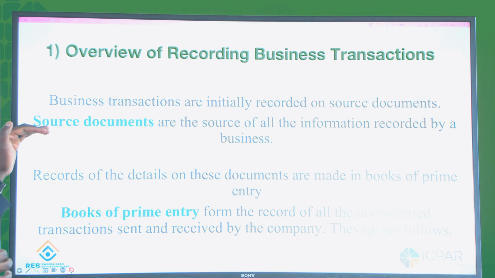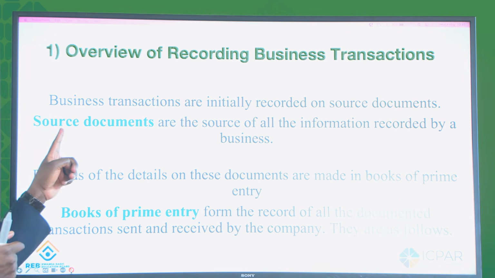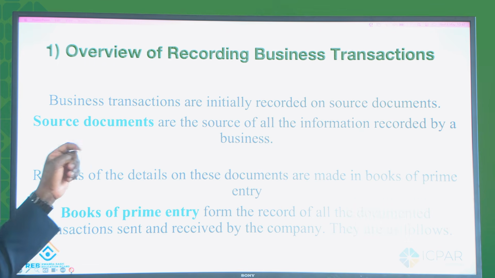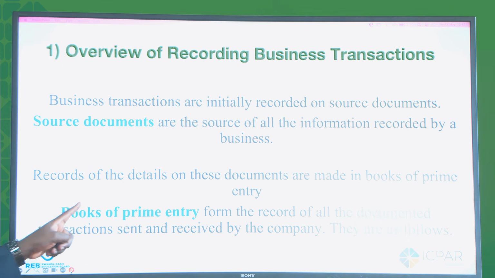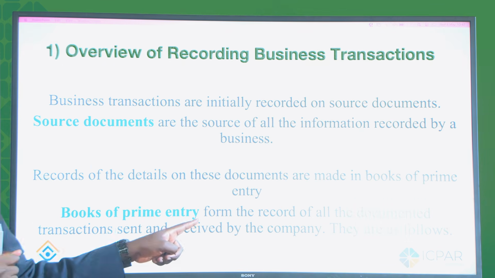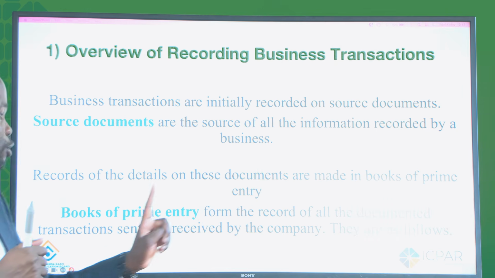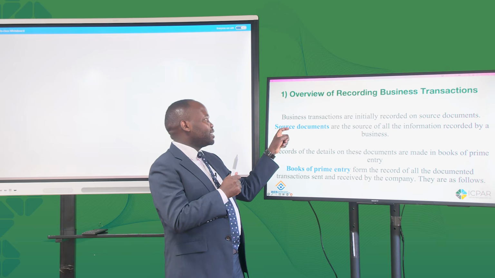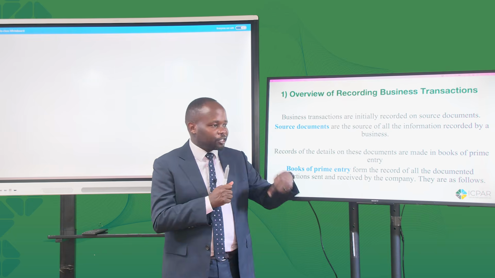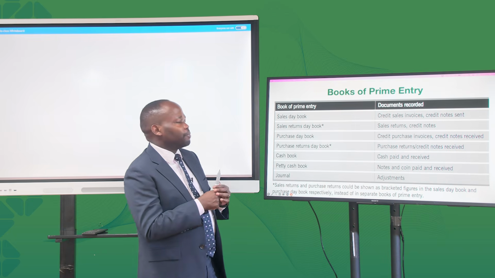Once we have the source documents and all this information transacted by the business, the information is taken from the source documents and taken to what we call books of prime entry. So books of prime entry are a form of records of all documented transactions from the source document.